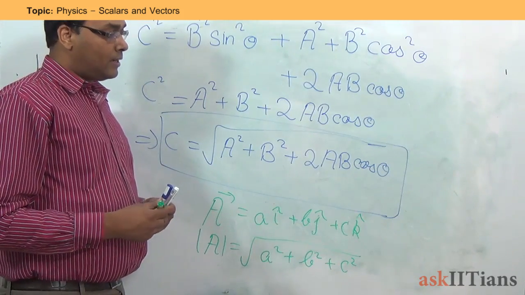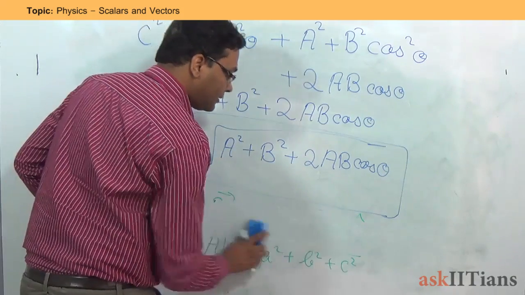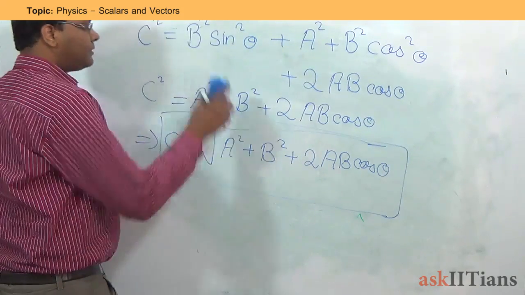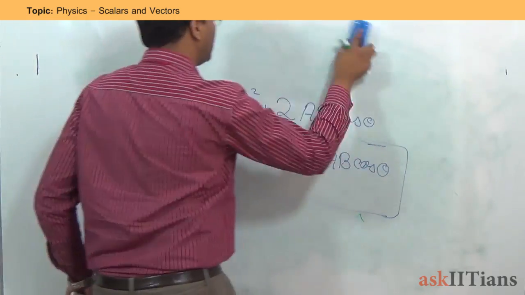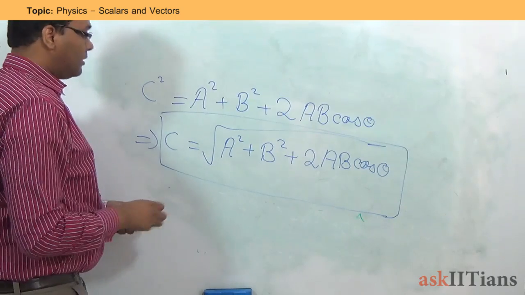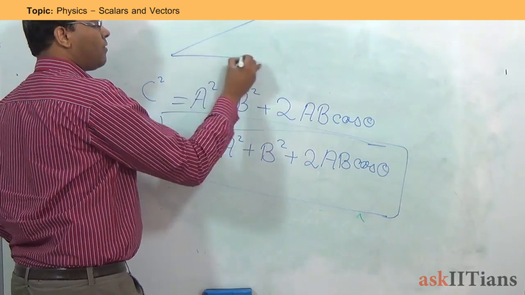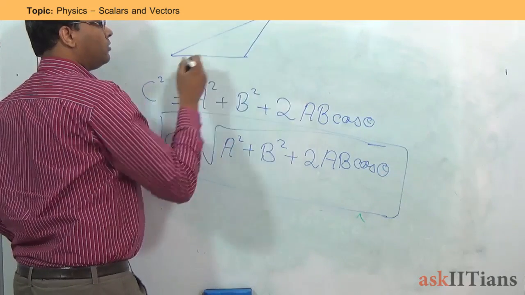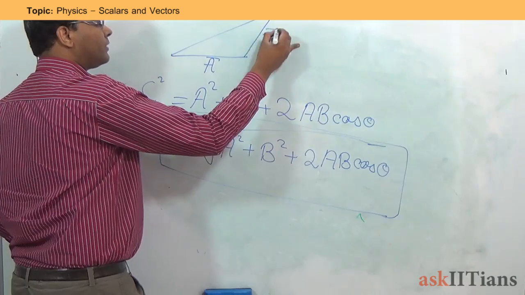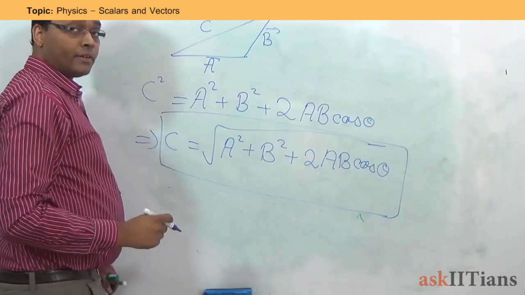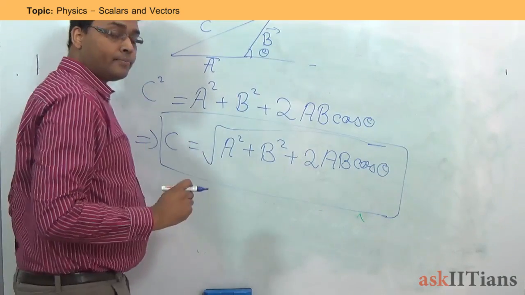And one thing I should add here: if I just redraw the figure, I won't redraw it completely, I'll draw a miniature picture of it. Let's say this was my vector A, this was my vector B, this gave me the vector C. I took this angle to be theta, right?